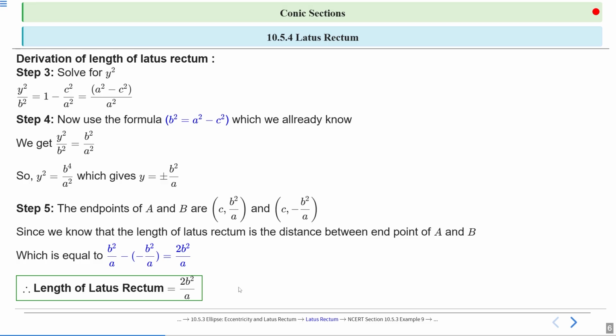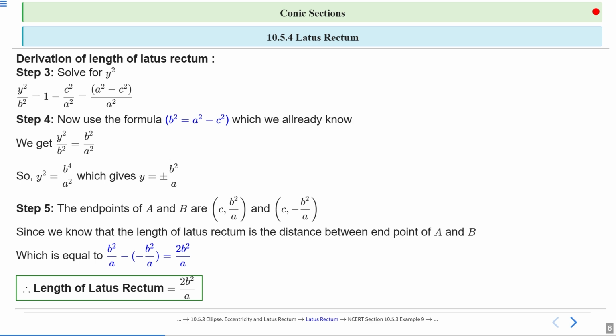When we are given the standard equation of an ellipse, x square upon a square plus y square upon b square equal to 1, and a is greater than b, in that case the length of the latus rectum for this ellipse is 2b square upon a.